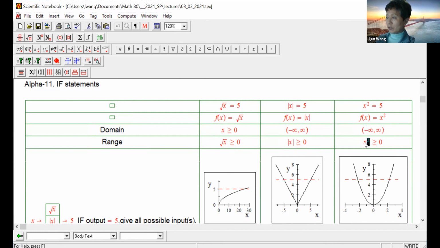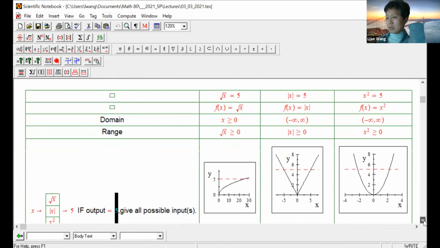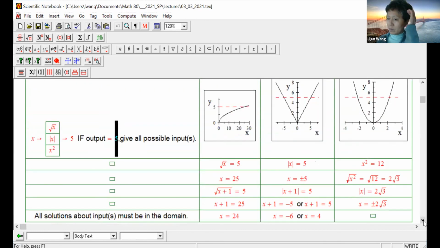And the range for x squared is positive or 0, and 5 is in there too. So the output given is also in the range. The output must be in the range.